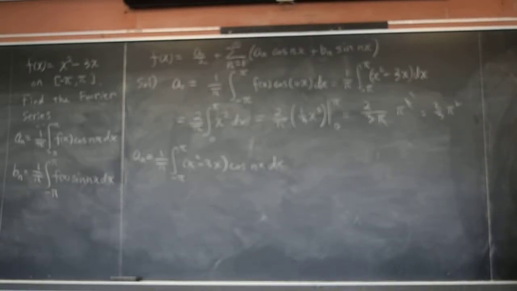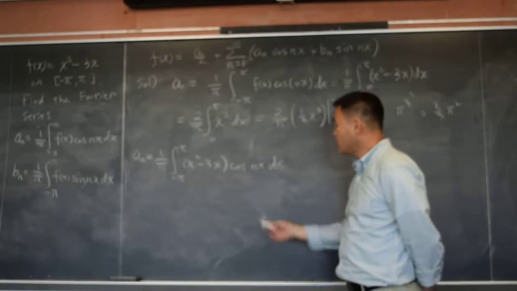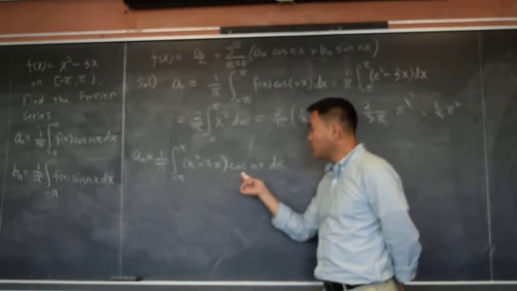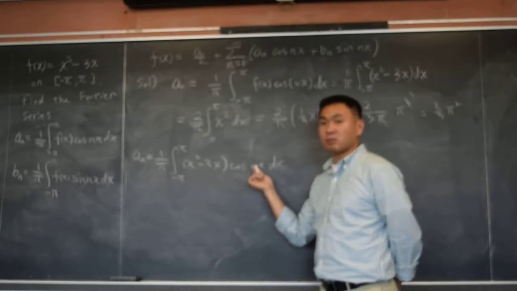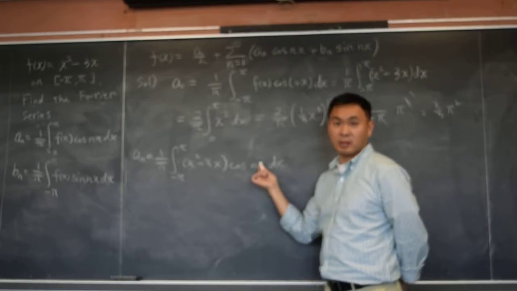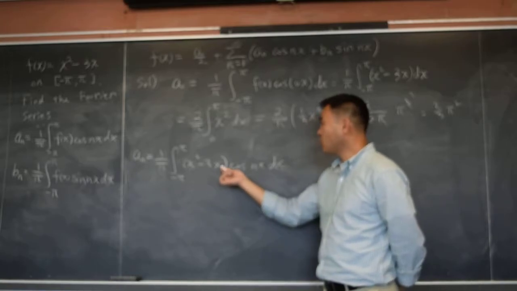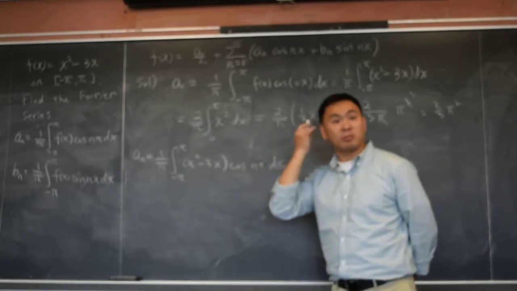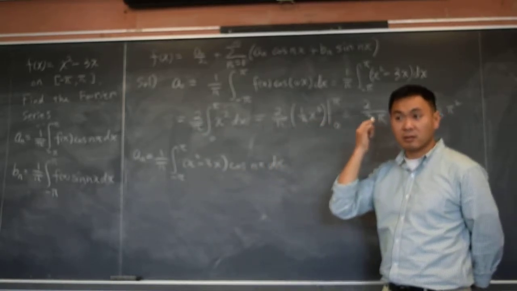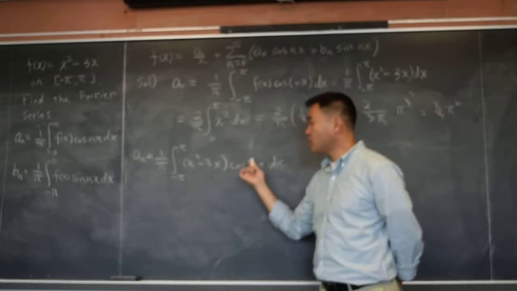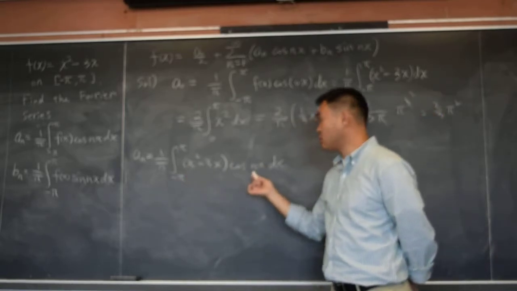For cosine nx, you know that this is an even function. Even times even gives you an even function. Odd times even gives you an odd function. So this part, when you integrate, what would you get? 0. If you integrate an odd function over a symmetric domain, you're going to get 0.